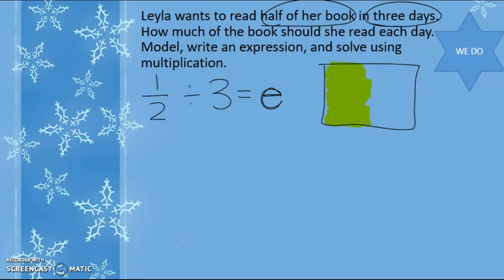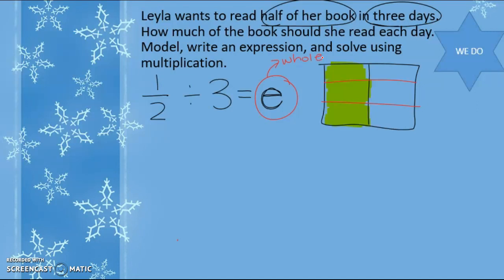So we split the book in half, and she wants to split that half into 3. Well, we've learned from our previous lessons that we just go ahead and split the whole thing because the question is about how much of the whole will she have read.